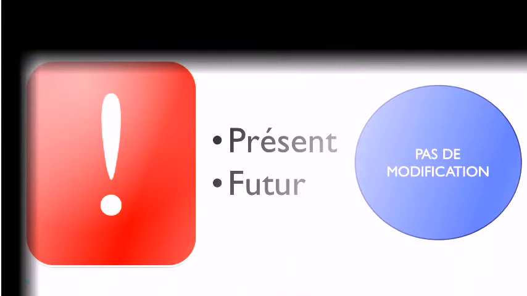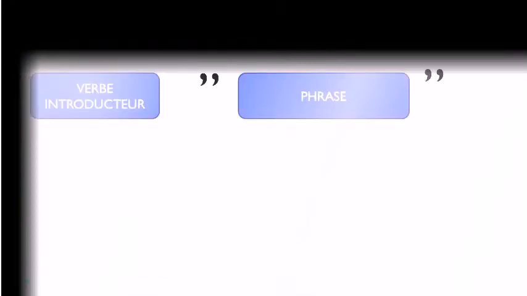But then, of course, it's French language, and we've got to think that if we've got, so it will be the common structure that we will have, so verb introducteur, and then after that we've got the phrase, the sentence. Okay, if you've got this first part here at the passé, okay, so it's the past here.